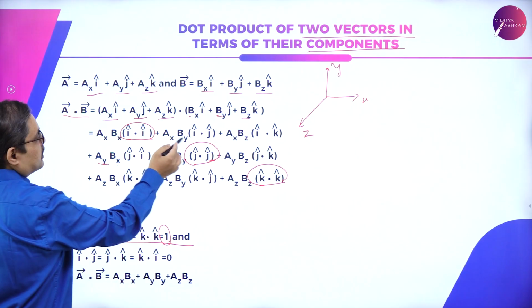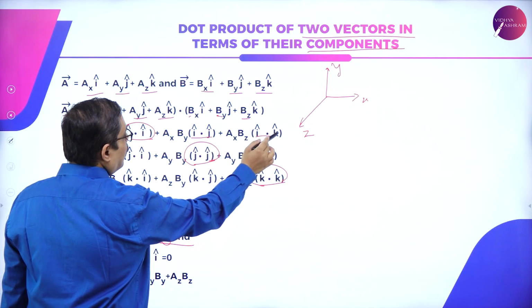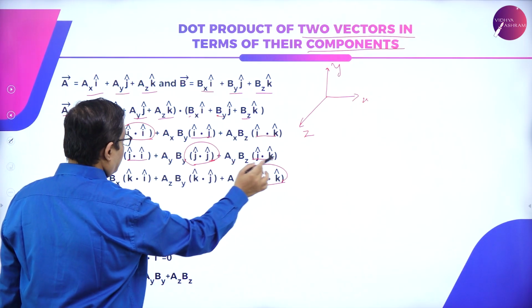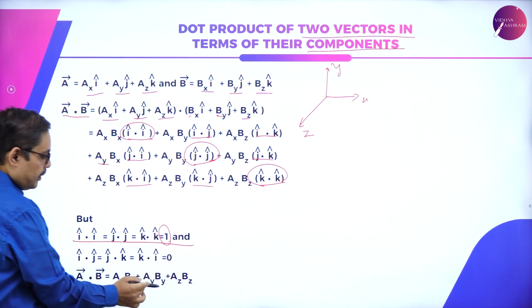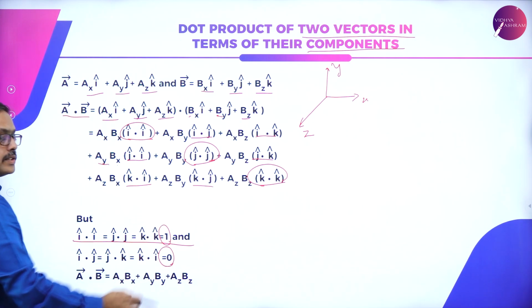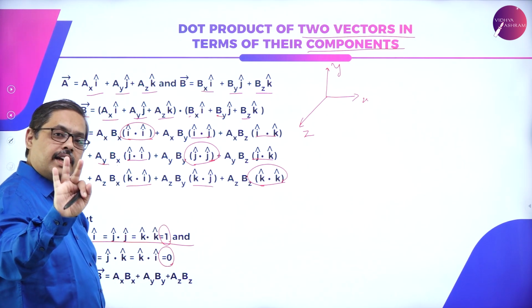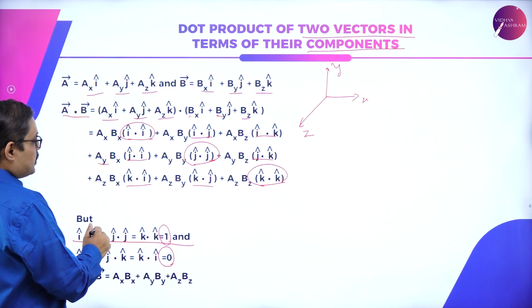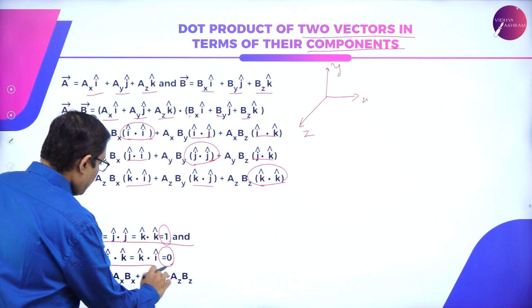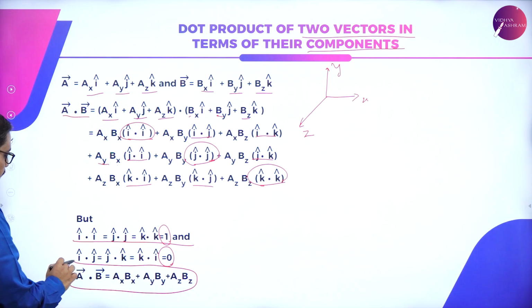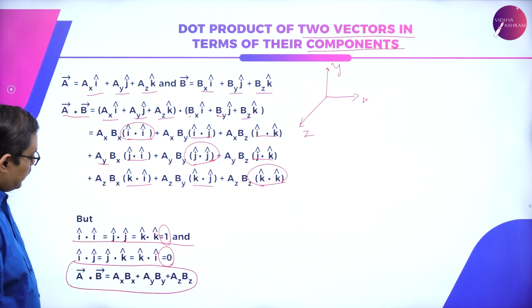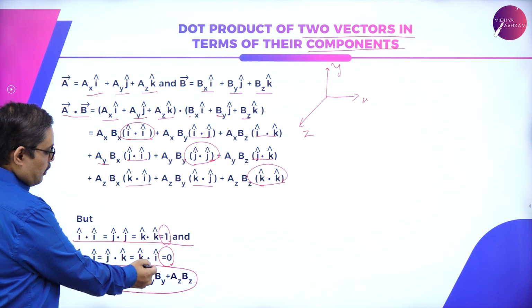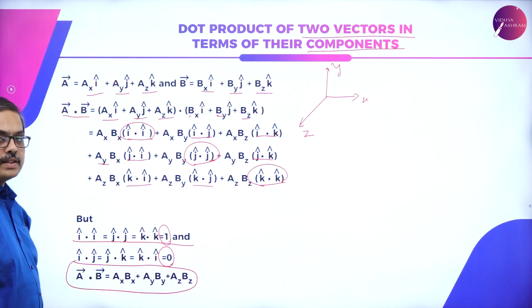For all the others, i dot j, i dot k, j dot i, j dot k, k dot i, k dot j, they all turn out to be 0. So I'll have only 3 terms left, which is the dot product of two vectors. Vector A dot vector B is ax bx plus ay by plus az bz.